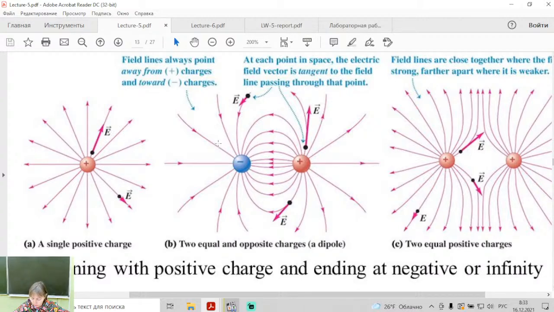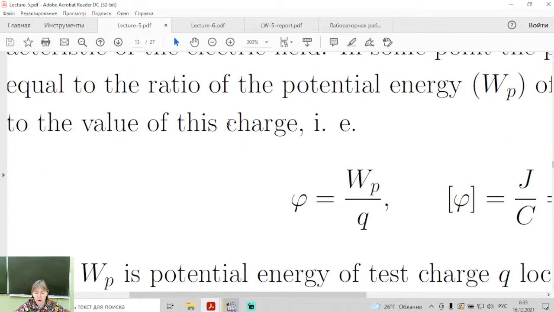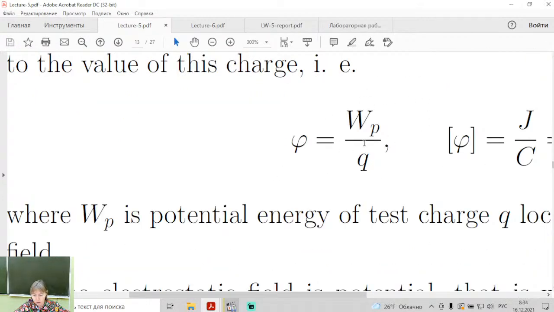At some point, the potential of the electric field is equal to the ratio of the potential energy of a charge placed at this point to the value of this charge. And the potential is equal to potential energy divided by the test charge.